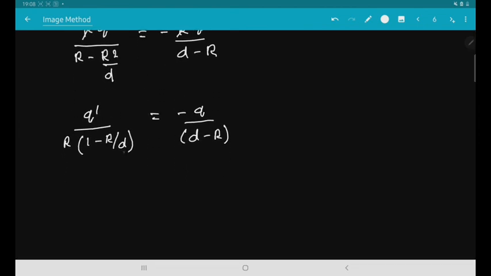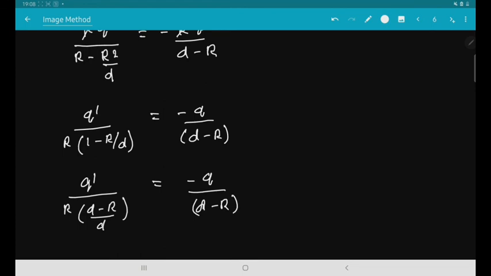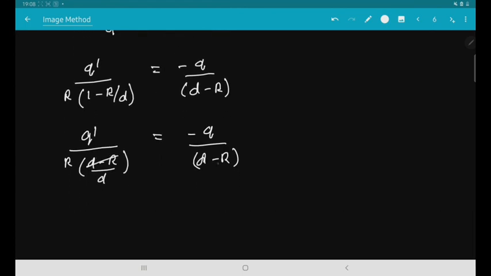Okay, let us multiply this d here. We have q dash r, we'll have d minus r by d, which will be equal to minus q d minus r. So see, we can cancel this d minus r on both sides.